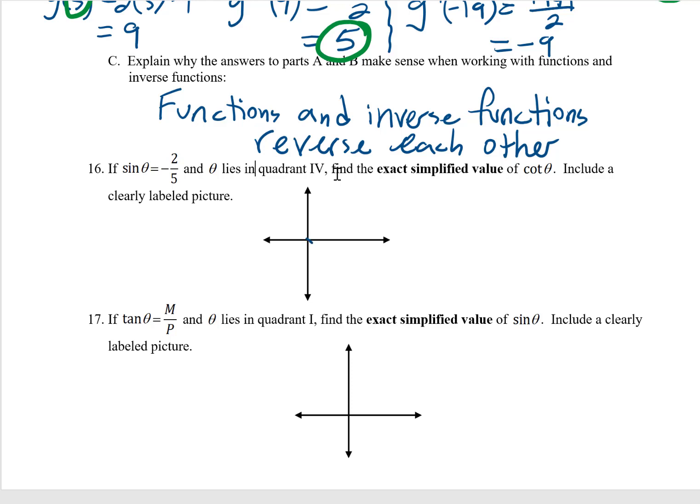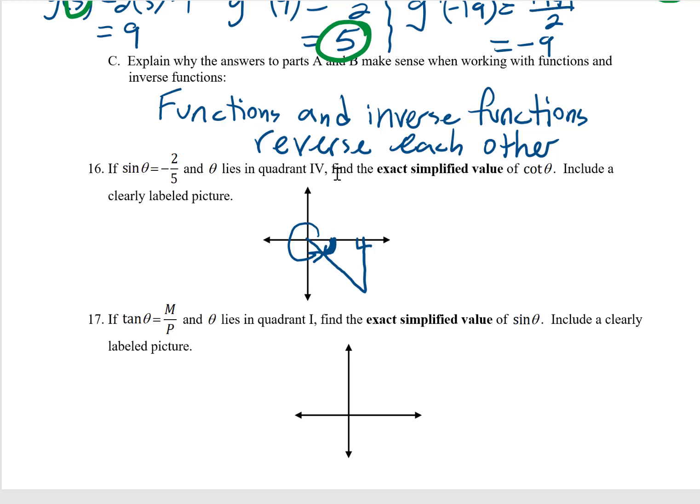I'm going to quadrant 4, where I will draw myself a reference triangle picture, always with the perpendicular extending to the x-axis. Now, I'm not sure if theta itself is a positive angle that comes around here, or a negative angle that comes here, or if it spins around a few times. It doesn't matter. This angle is the reference angle for theta, and that's all I really need to worry about.